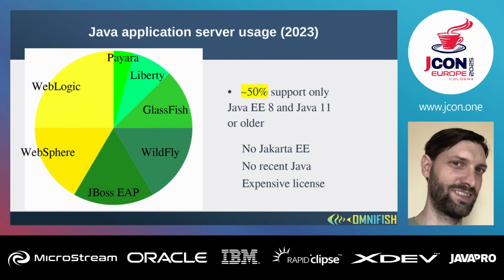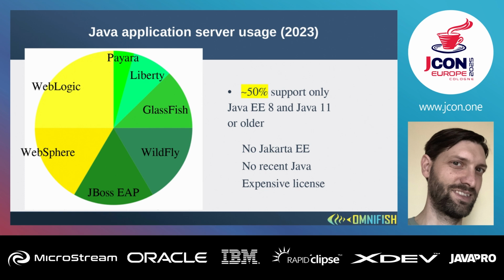These are some numbers from a survey in 2023, so it's pretty old already, but it's hard to find the data from different surveys. Almost 50% of people or companies use WebLogic and WebSphere, which are servers that are kind of special compared to others.